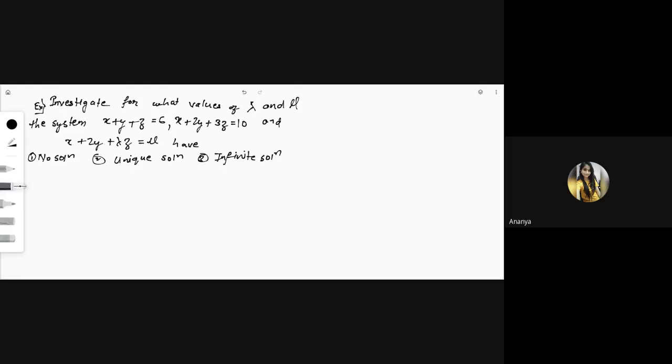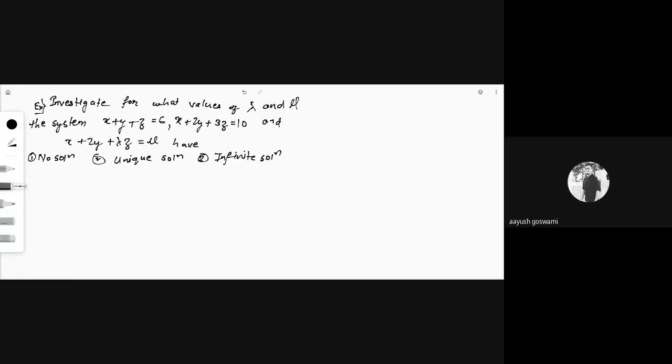And for infinite solution, lambda equals 3 and mu equals 10. Others?